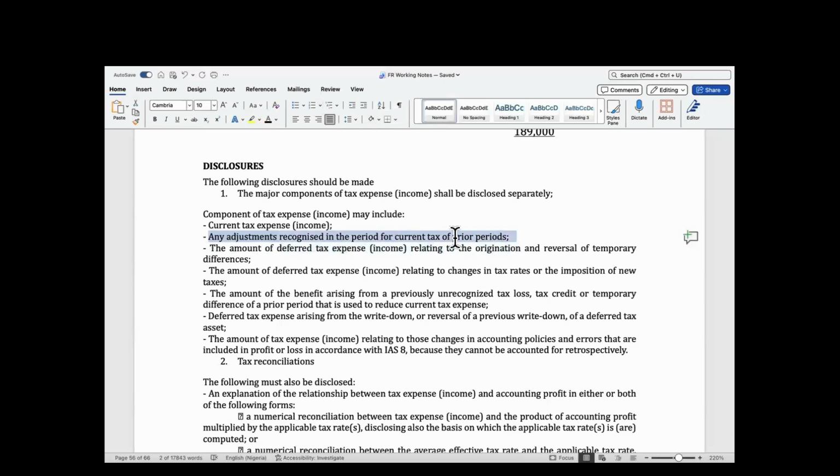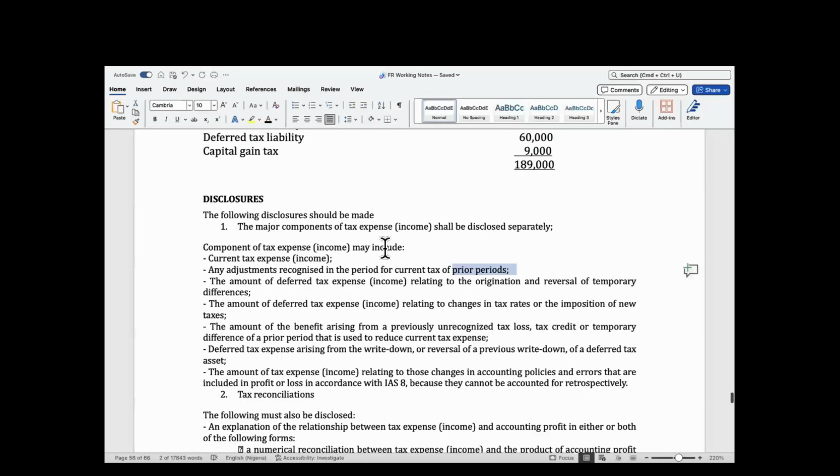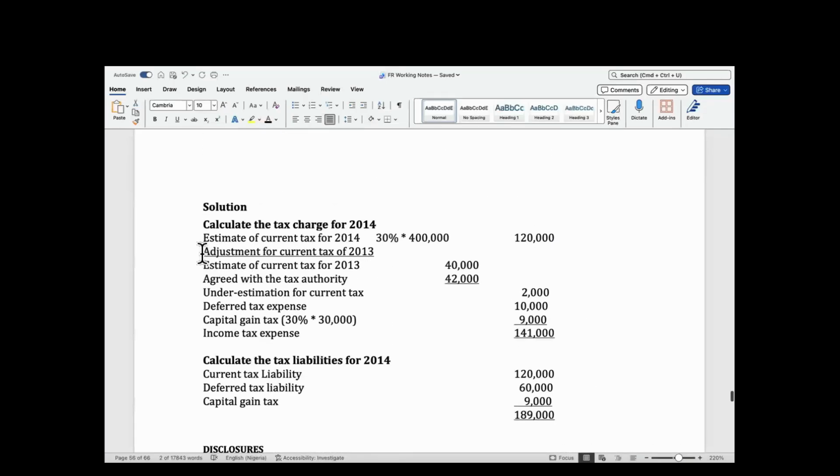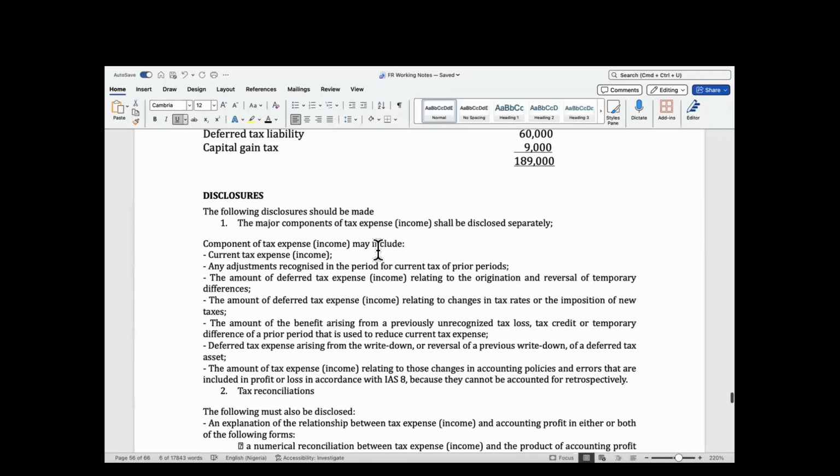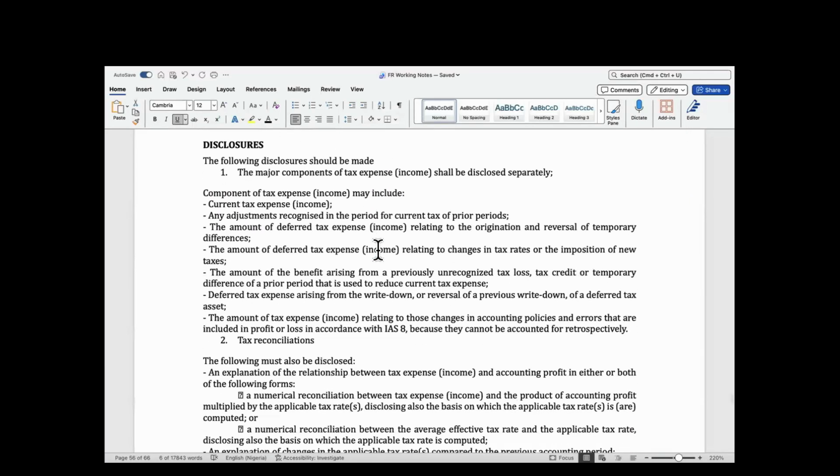Okay, for current tax of prior periods, those adjustments that I used to make, like this one I did for you for 2013. So if you know at least those three: current tax, adjustment for prior period, then deferred tax. Now, for deferred tax, you can break that one down into three or four.